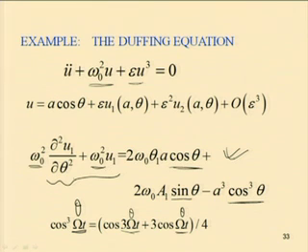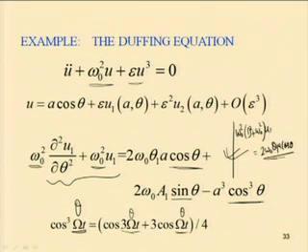So, the auxiliary equation becomes omega 0 square into d square plus omega 0 square, u 1, and this will be equal to 2 omega 0 theta 1 a cos theta.